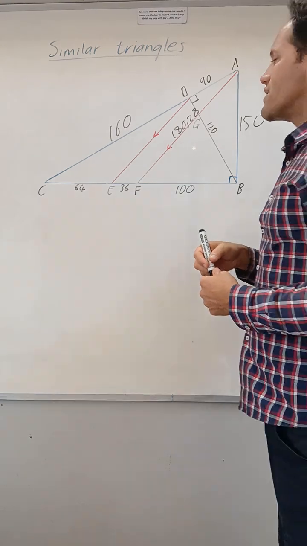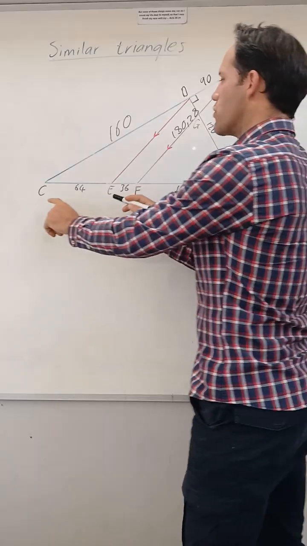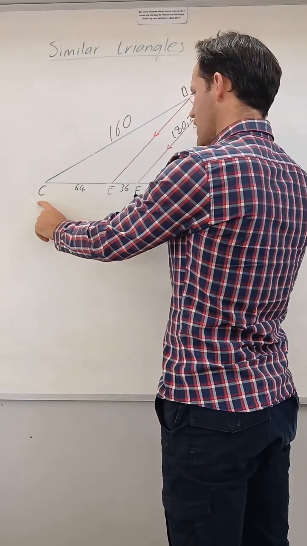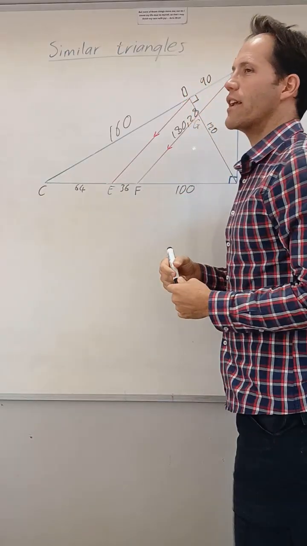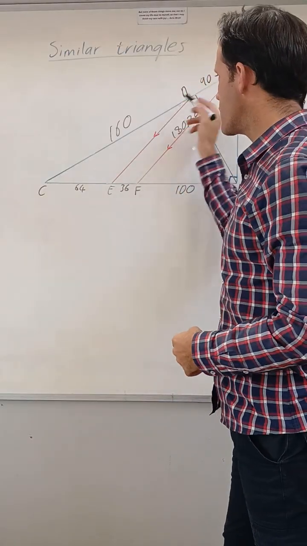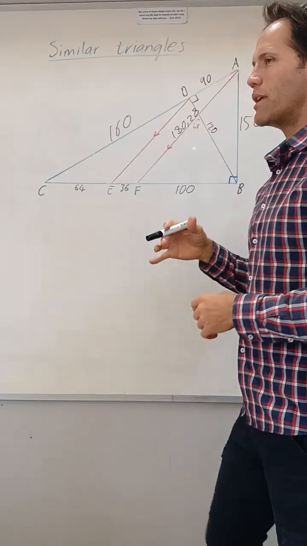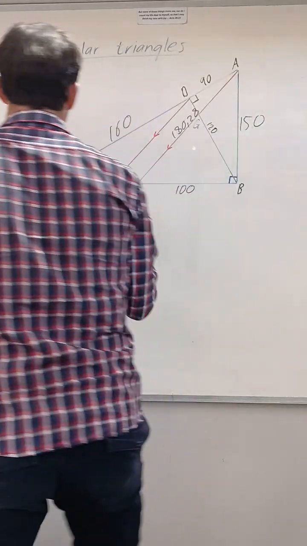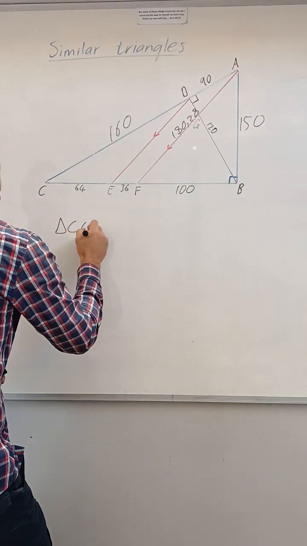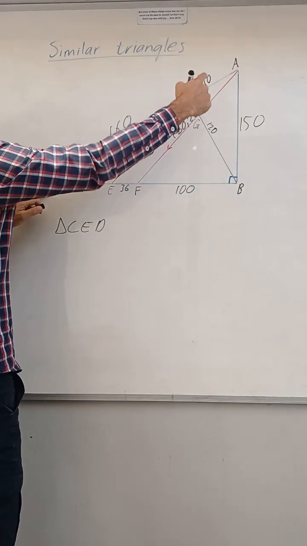So before we can just say DE over FA is equal to CE over CF, smaller over bigger equal to smaller over bigger, we first have to prove that these two triangles are similar. So many times they ask the two questions separately. Many times they first ask you, prove that triangle CED is similar to CFA.